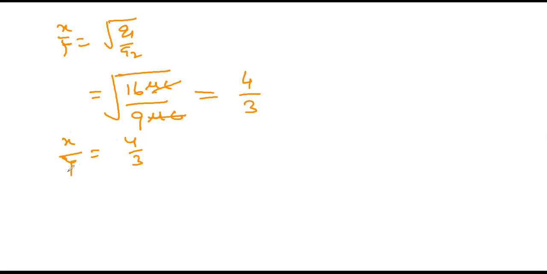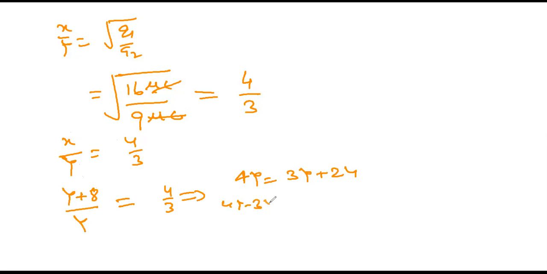So check in the diagram. x will be equal to y plus 8, so (y plus 8) upon y is equal to 4 by 3. Solve it now. Do cross multiplication. 4y is equal to 3y plus 24. Transpose it now. 4y minus 3y is equal to 24. Y is equal to 24.